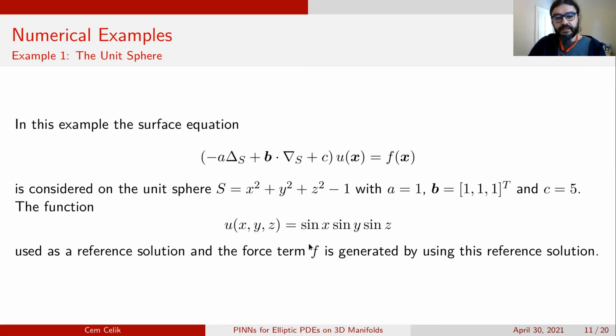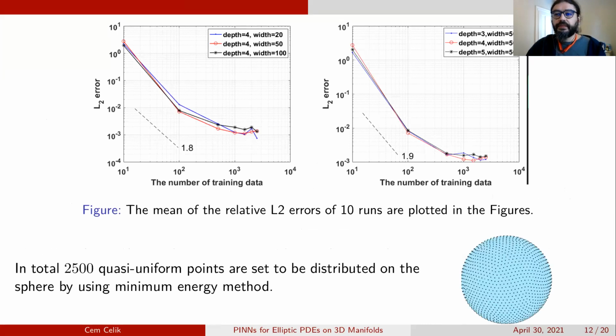Then they take this function as a reference function, and they generate the first term using this reference function. Then they give some results. Here they calculated the L2 error. This is actually the relative L2 error.